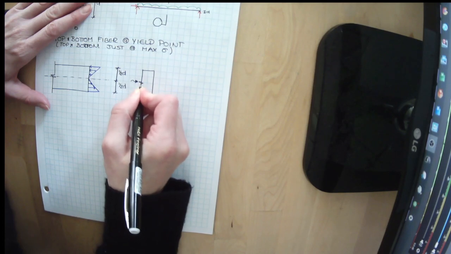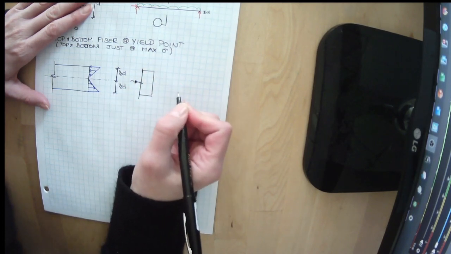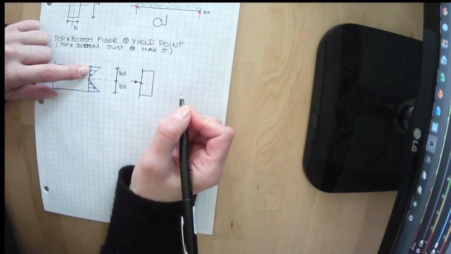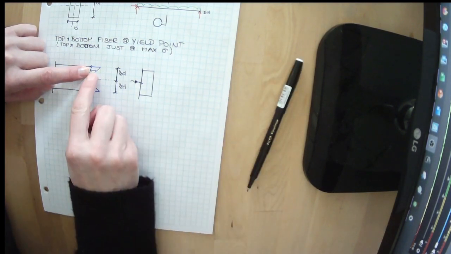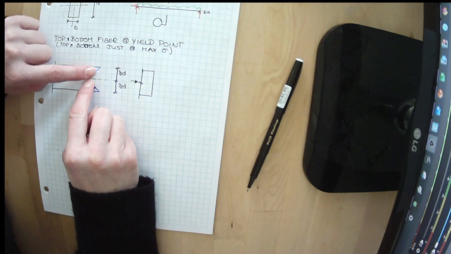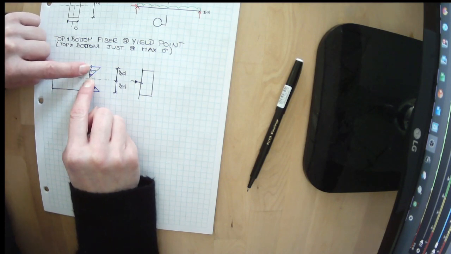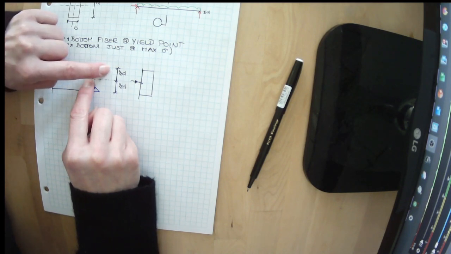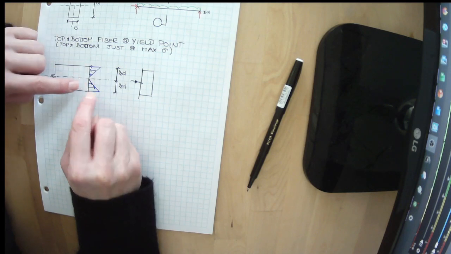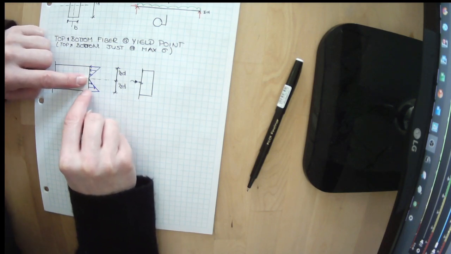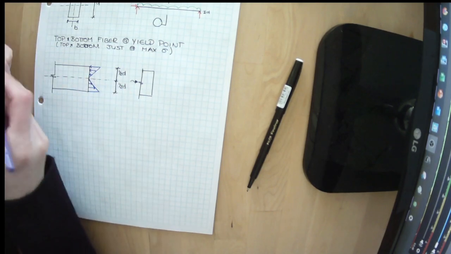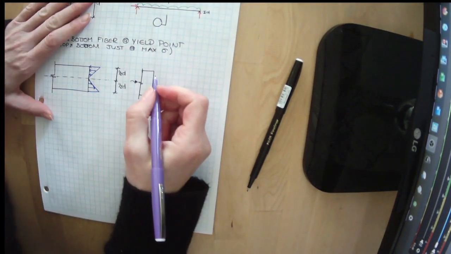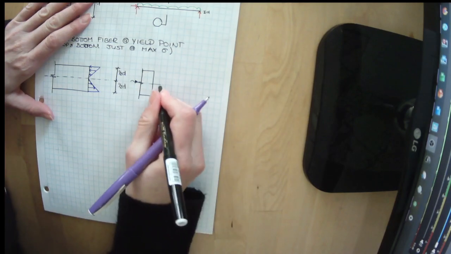I'm going to draw this a little bit shorter this time. We know that this is a triangle, so the analogous point load for this triangle is going to be 2/3 up along here. And the analogous point load for this triangle, pointing in that direction, is going to be 2/3 down from here.